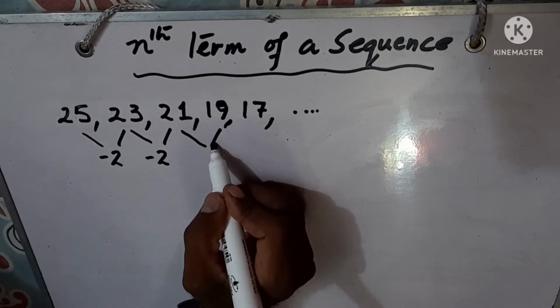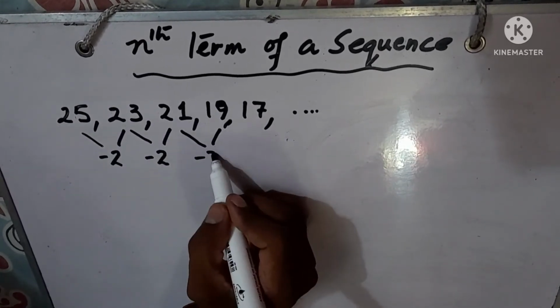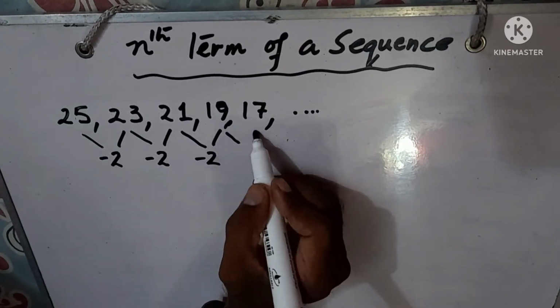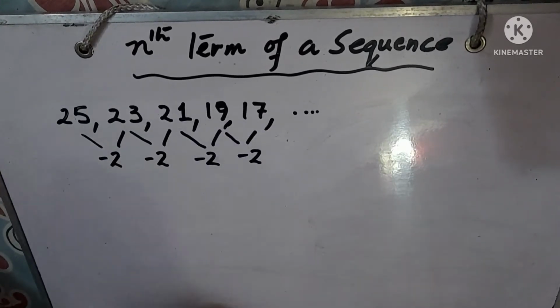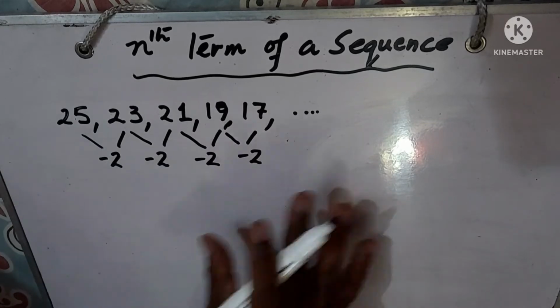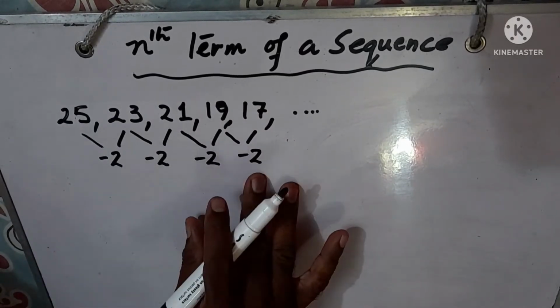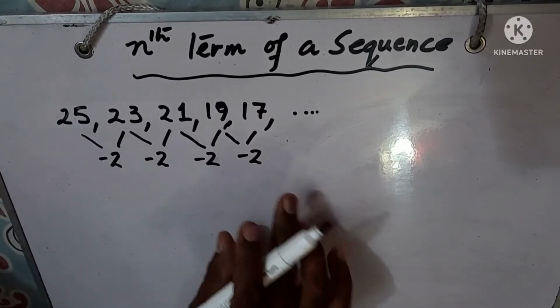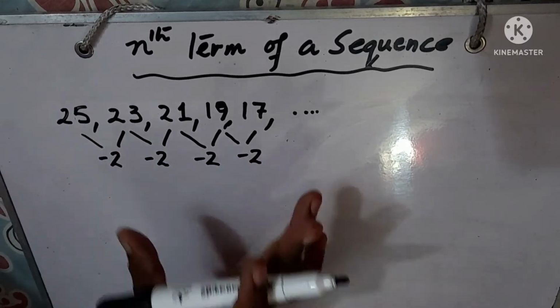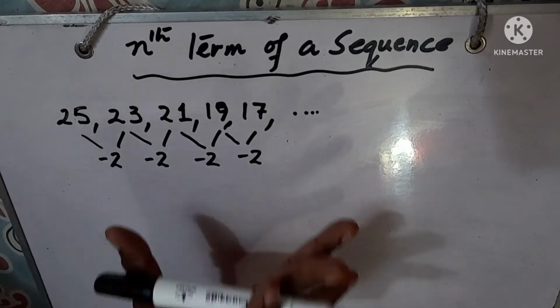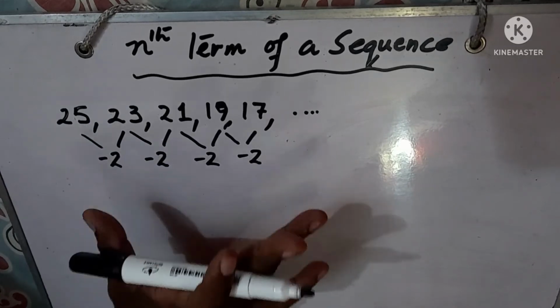Yes. Then I will check these two terms, and again I get minus 2, and the last is again minus 2. As I mentioned, if my difference is the same in the first row, this is my A value, and this confirms that this is a linear sequence.